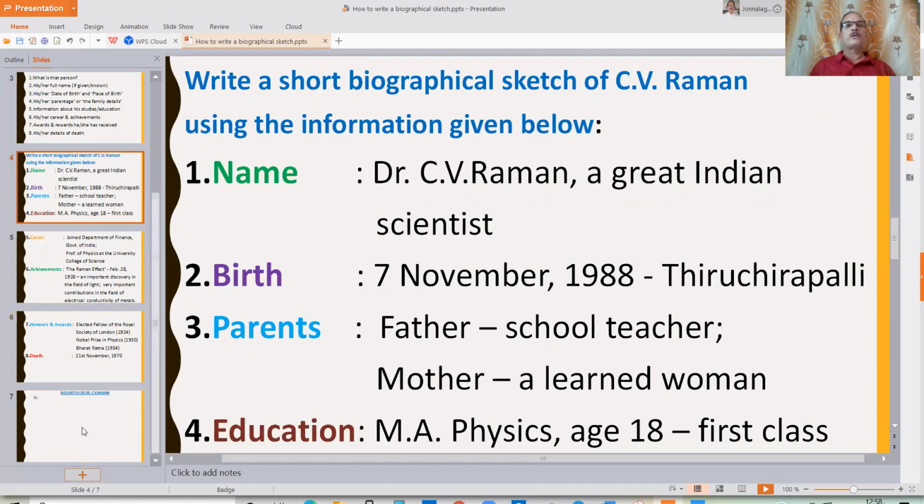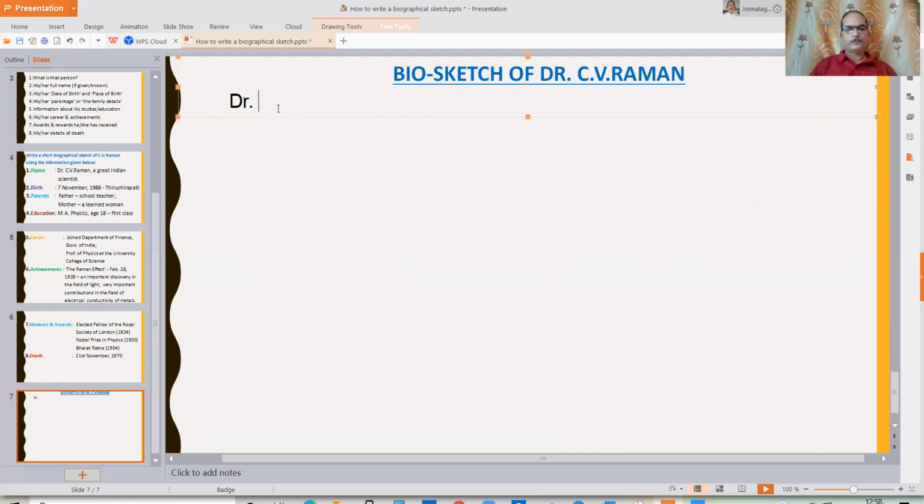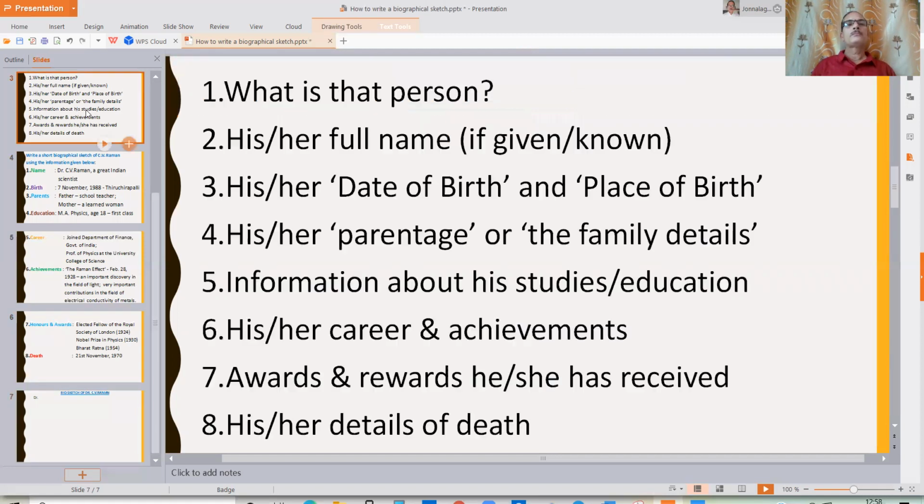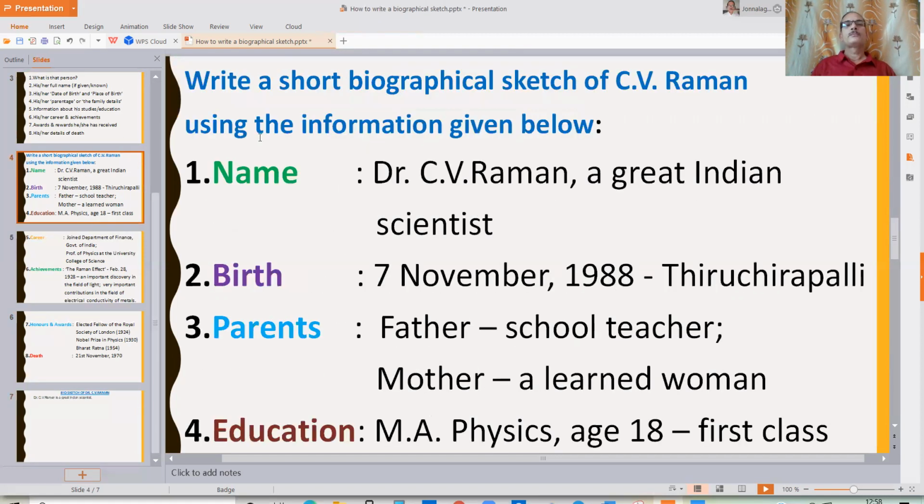So what we have to say, first of all: Dr. C.V. Raman is a great Indian scientist. So this sentence says what Raman is. And then, what is his full name?